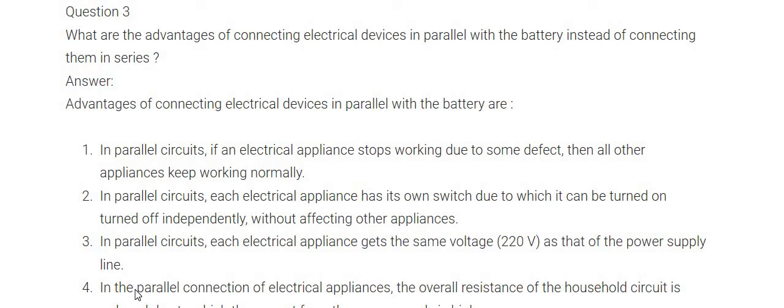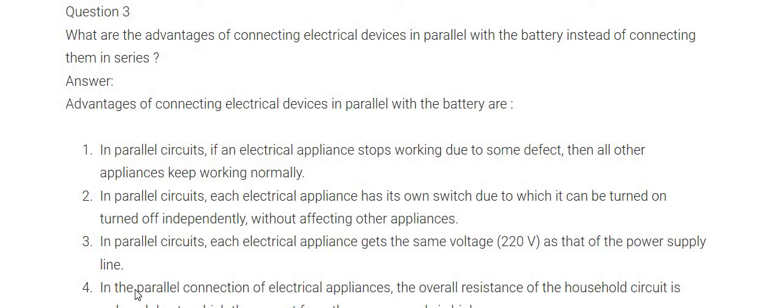As we studied in the difference between parallel and series connection, there are lots of advantages to using a parallel connection. Let's see. The first one is that in a parallel circuit, if an electric appliance stops working due to some defect, then the other appliances keep working normally, while in a series connection, this does not happen.